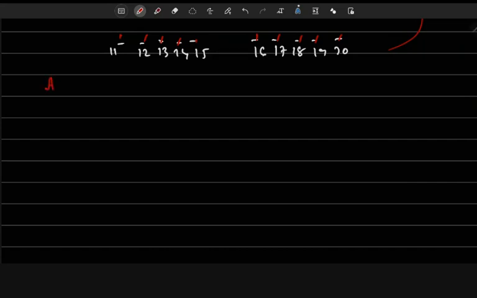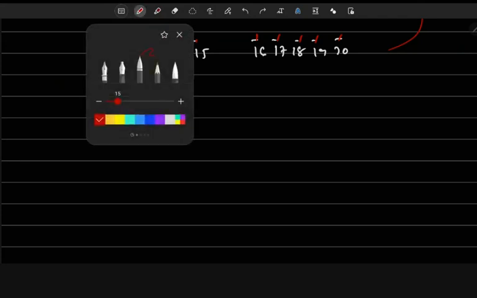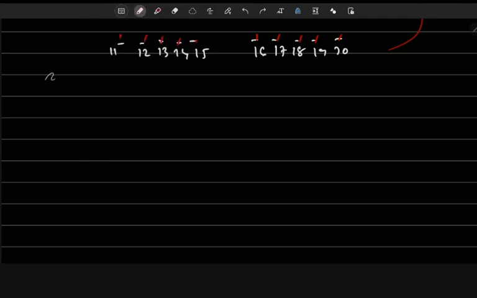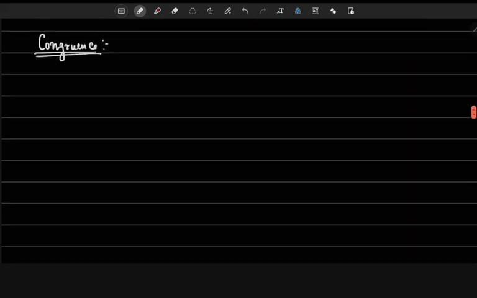A congruence. That means, let n be a fixed positive integer.